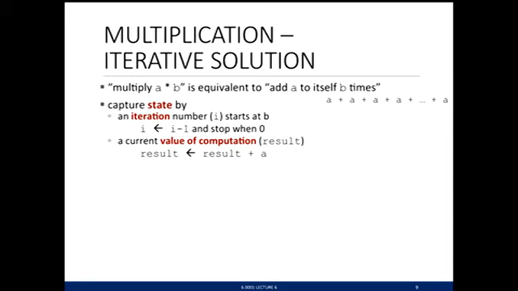One would just be the iteration number, and it would be something, for example, that starts at b, and each time through the loop reduces by 1, and it will keep doing that until I've counted down b times, and I get down to 0. And at the same time, I would have some value of the computation. I might call it result, which starts at 0, first time through adds in a, next time through adds in another a, and it just keeps track of how many things I've added up until I get done.